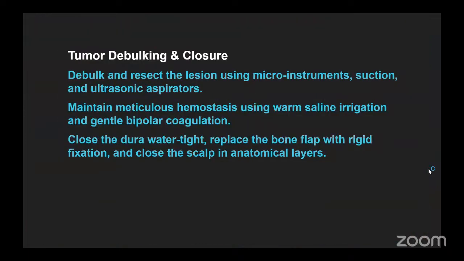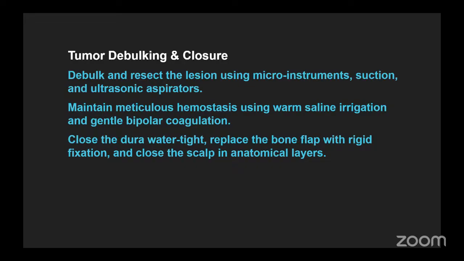This is what we are going to do if the target lesion is within the lateral ventricle. We are going to debulk and resect the lesion, and the goal is to maintain meticulous hemostasis. We are going to leave the area meticulously hemostasized, along with using warm saline and gentle coagulation on very, very low current.